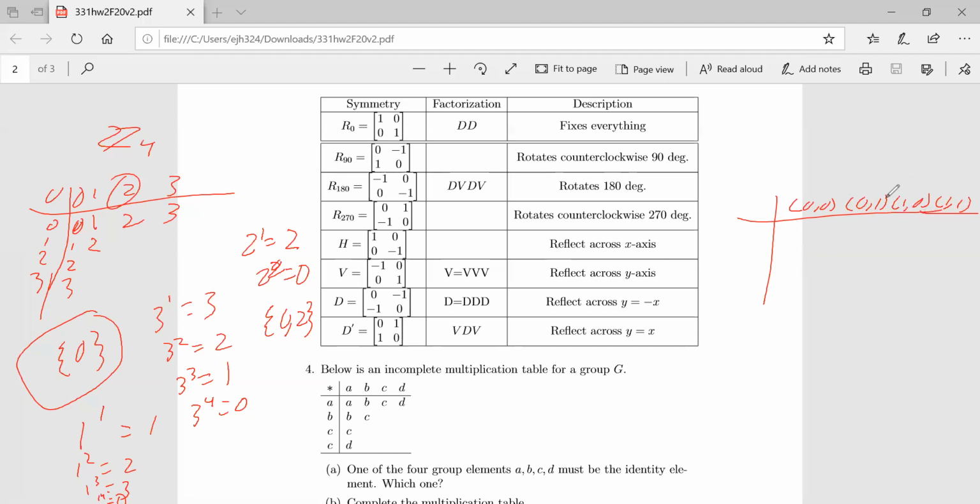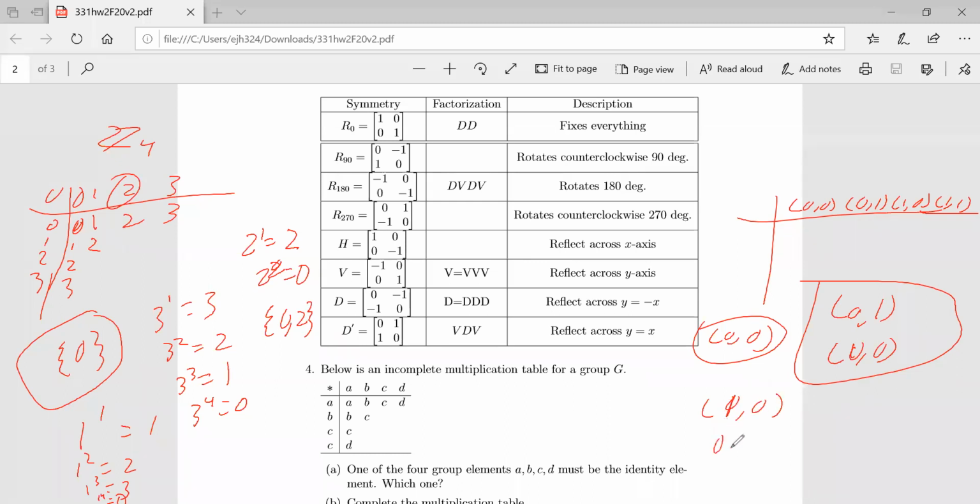right? And I'll get 0, 1, and then 0, 0. This will be its own proper subgroup. Just 0, 0 will also be its own proper subgroup. 1, 0, and 0, 0.